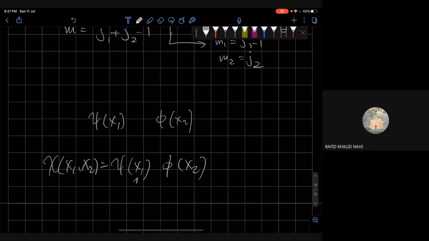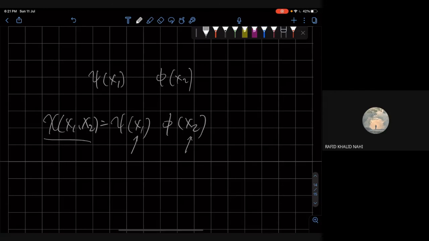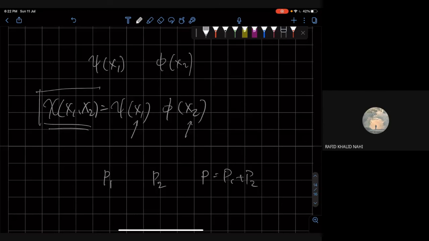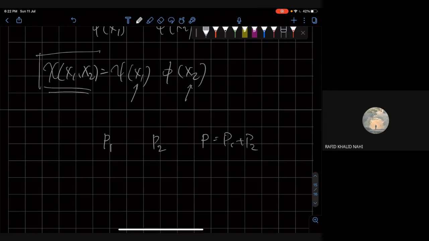Keeping in mind their arguments, because now if you want to do stuff on this, say apply the momentum operator, I have to ask you which momentum operator: for particle 1 or 2, or the total momentum operator. If you say particle 2, then let me just multiply with minus i h bar d by dx2. Nothing happens to the other factor.